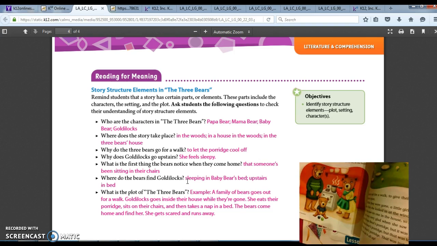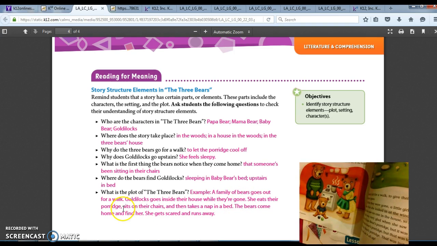Now, what is the plot of the Three Bears? Okay, what are the main events happening in the Three Bears? Tell your learning coach that. Okay, the plot would be a family of bears goes out for a walk. Goldilocks goes inside their house while they're gone.